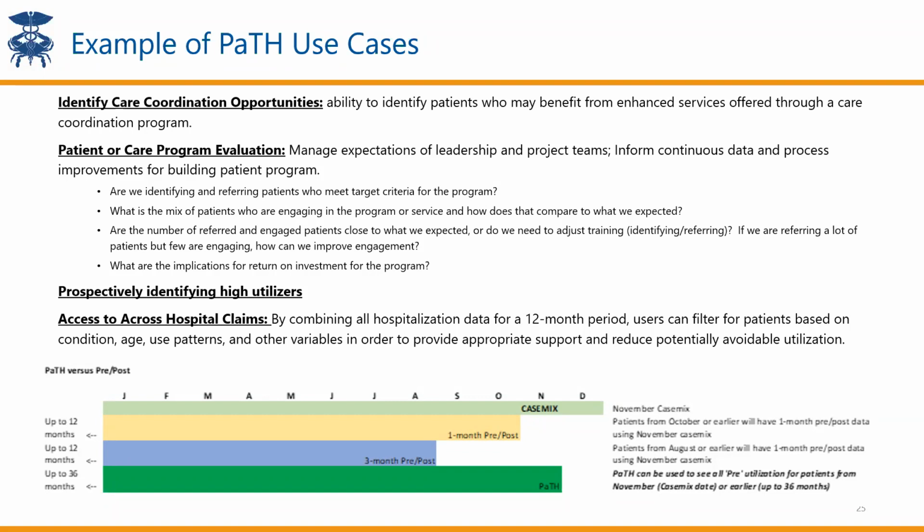So this bottom table just gives you an example of how you'll be able to see some of the utilization faster than you would utilizing the regular pre-post report, just because that is based off of a program enrollment date, while PaTH is the last 36 months of data for patients that have touched your hospital or that are on your ENS panel.